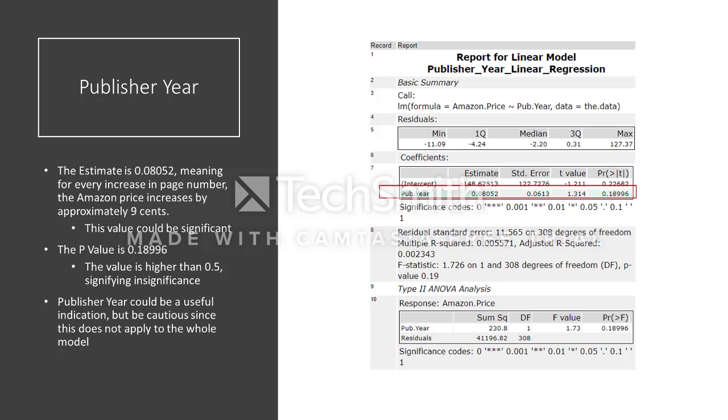However, when looking at the p-value of 0.18996, this shows that the relationship is not significant. Thus, the publishing year could be a useful indicator. However, we would need to be cautious since this does not apply to the whole model.